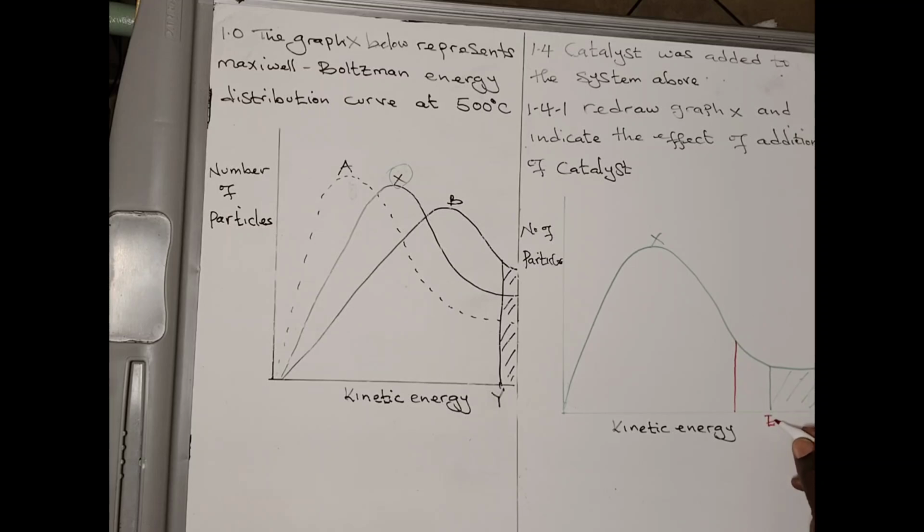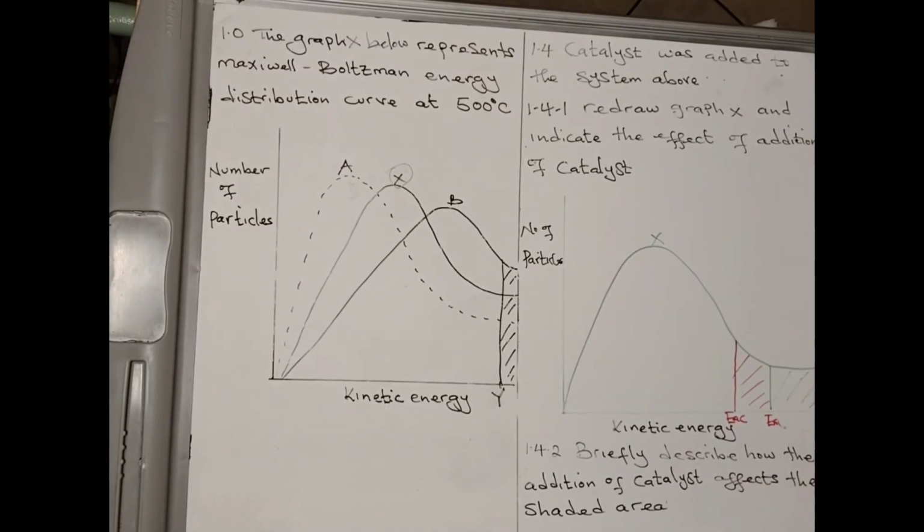This was the activation energy of non-catalyzed. This is the activation energy of the catalyzed. And what we see here is the additional area to already the area before. So that's how you are supposed to indicate it.